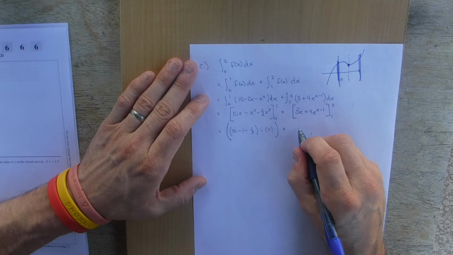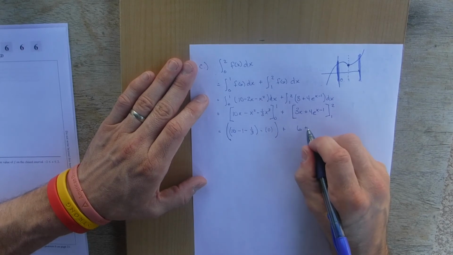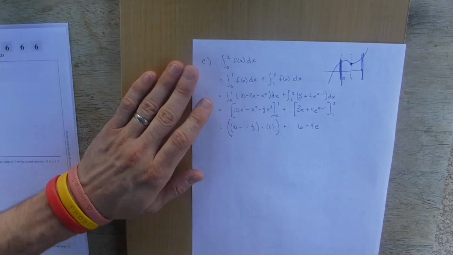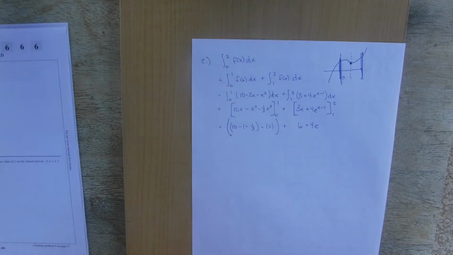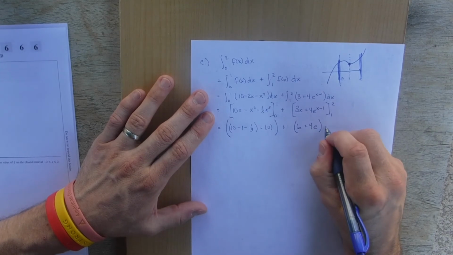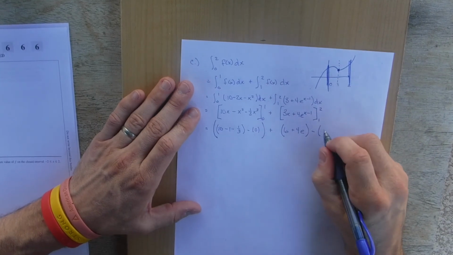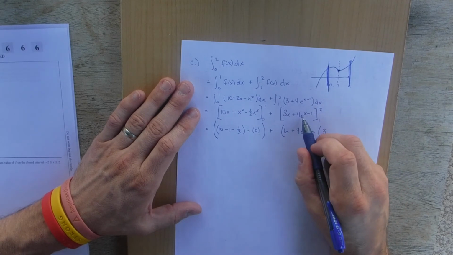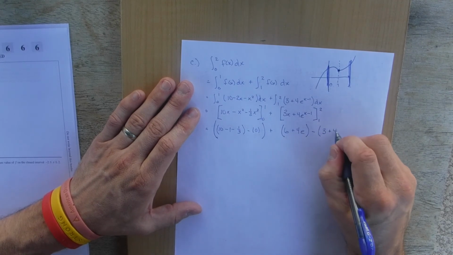Plug in the 2, so this is 6 plus 4e, okay, because 2 minus 1 is 1, minus 3, and then 1, it goes to 0, so this will just be 4.